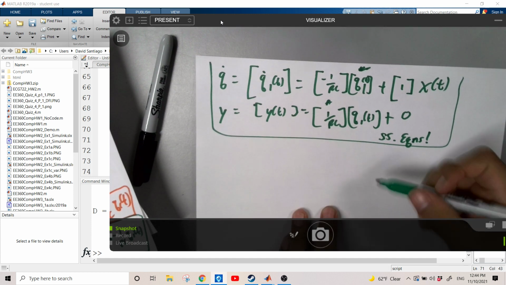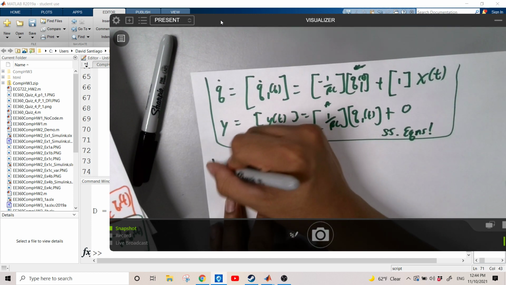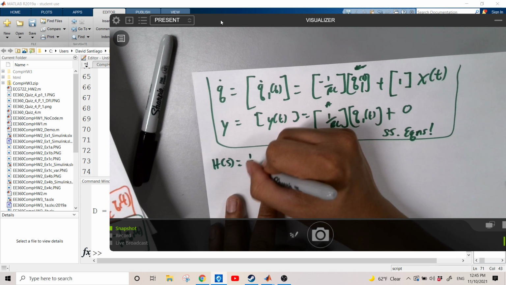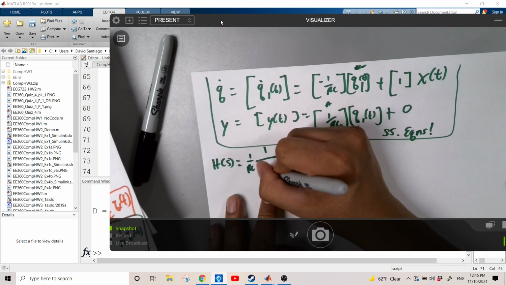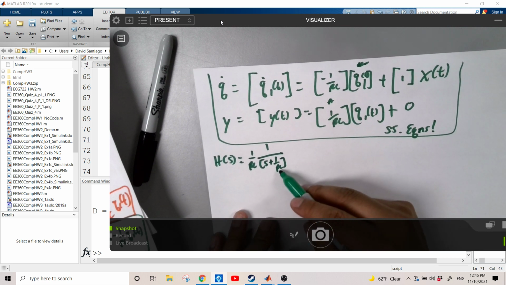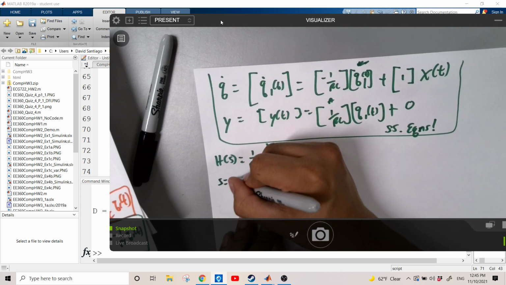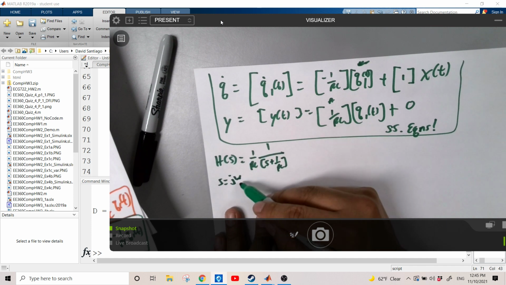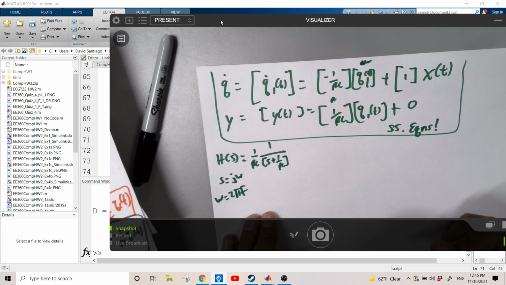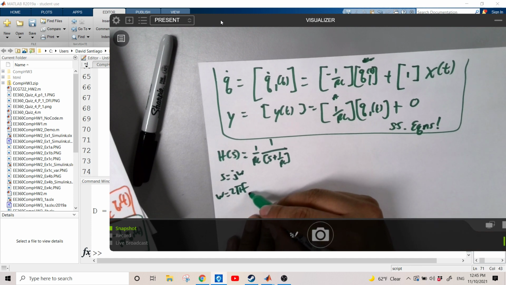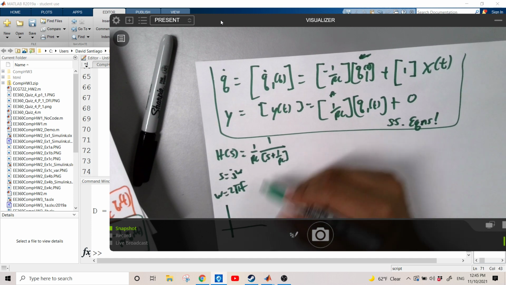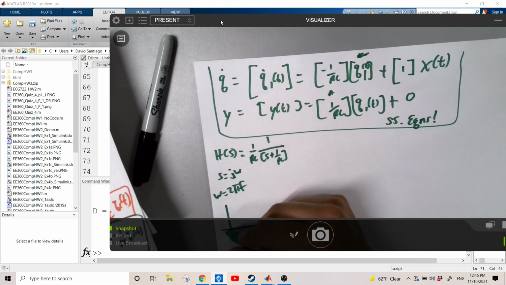Actually, let me do this. H of S is equal to 1 over RC, over S plus 1 over RC, right? When we look at just S is equal to j omega, this omega is equal to 2 pi F, okay? So that means we're not looking at F, we're looking at omega. So this Bode plot, remember these Bode plots? Actually, I should have drawn that above.